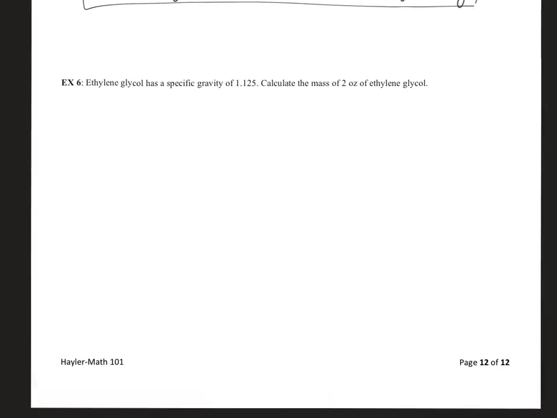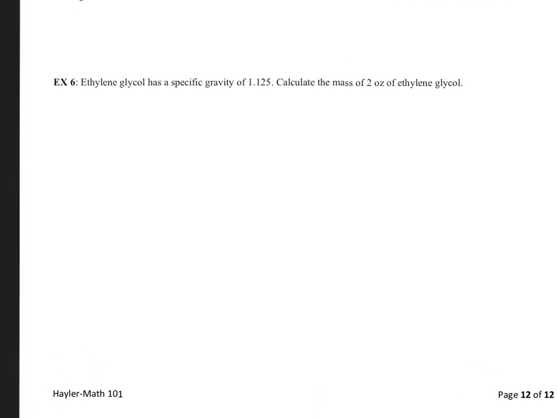Okay, let's look at the last example. Ethylene glycol has a specific gravity of 1.125. Calculate the mass of 2 ounces of ethylene glycol. Alright, so the first thing we have to do is check whether our volume is in terms of milliliters. It's not. Right now it's in terms of ounces, so that's a problem.